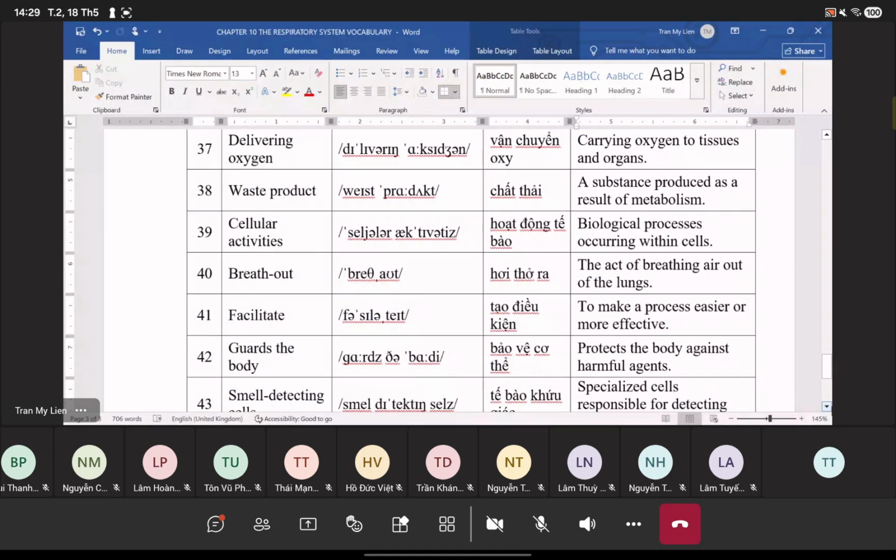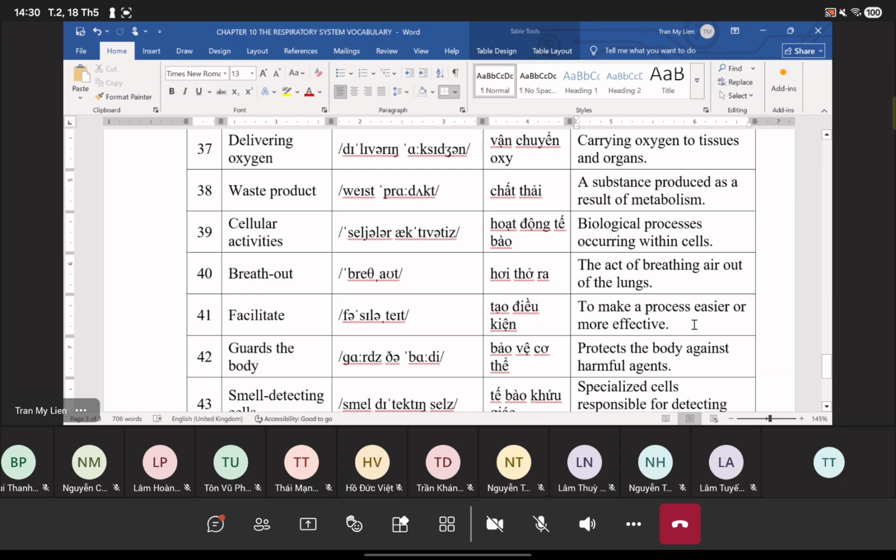Cellular activities: processes occurring within the cells. Breathe out. Facilitate: to make it easier or more effective to do something.